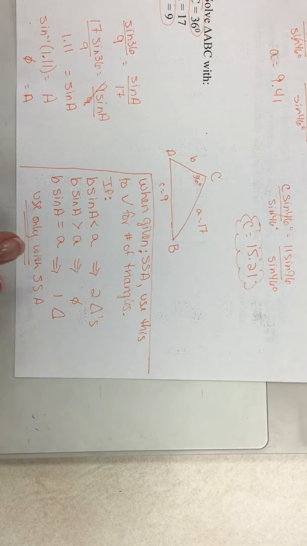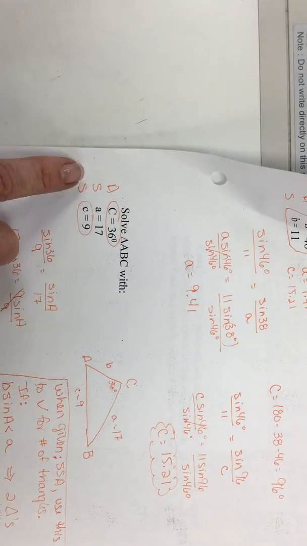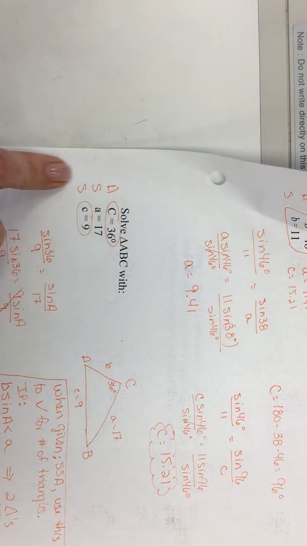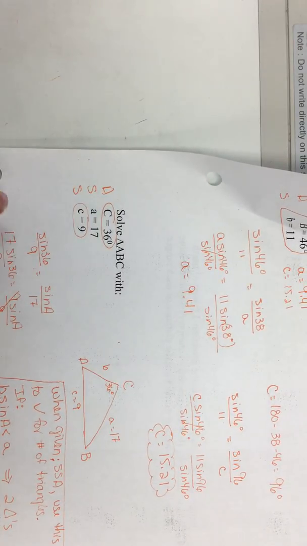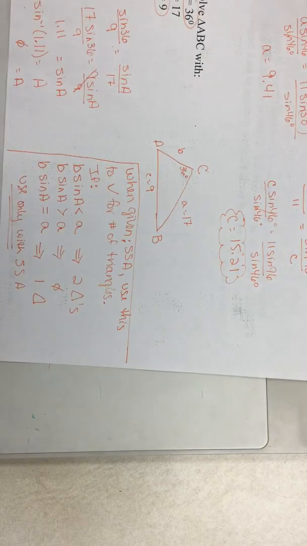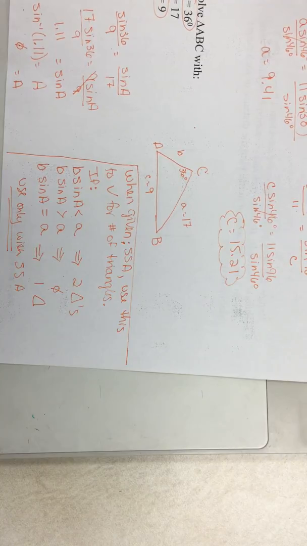And the tricky part comes when we have a situation with angle, side, side. And again, this is kind of rated PG-13 with our language here today. This only occurs if an angle and two sides are given. It's a little gimmick that we use to find out how many triangles, if any, will result given that set of data.